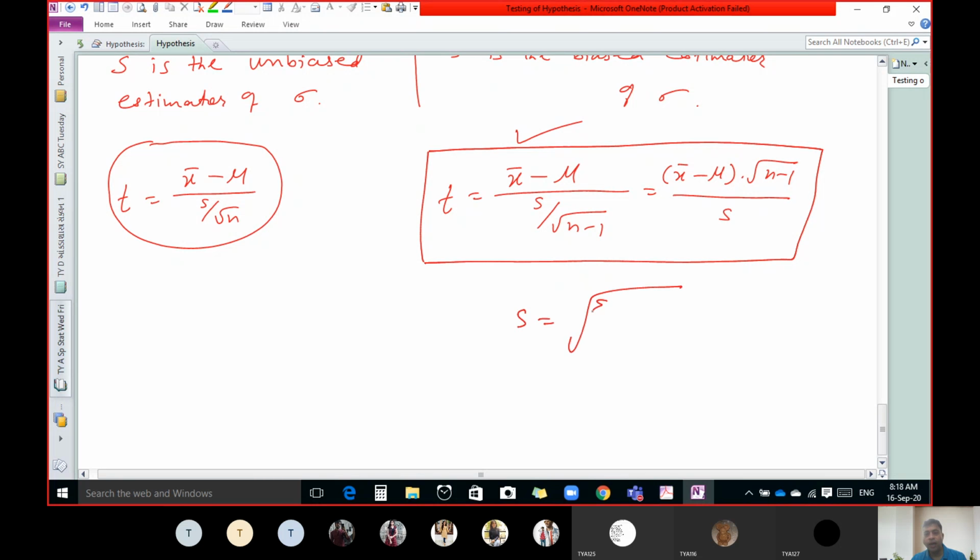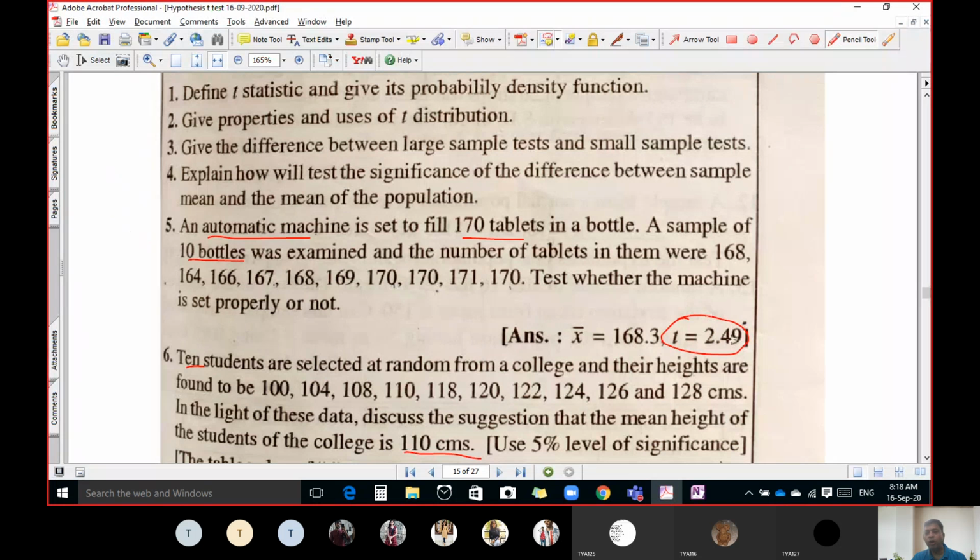Root of sigma xi minus x bar the whole square upon n, or another formula, root of sigma xi square upon n minus sigma xi upon n the whole square. You can use either of these two formulas. Who can tell me how to calculate the value of t, 2.49, using this information?